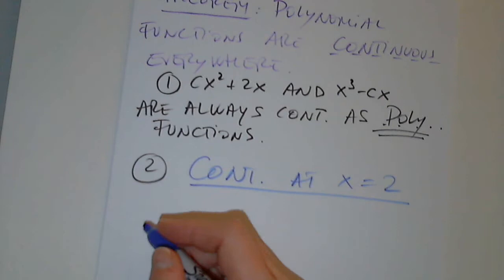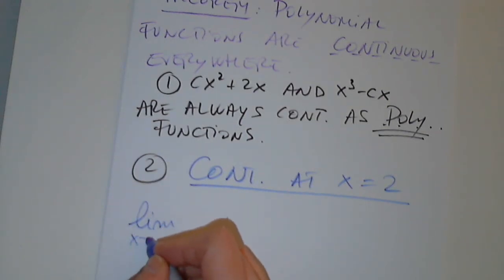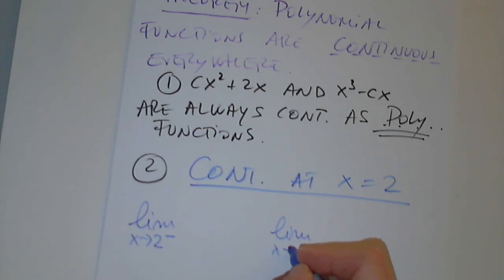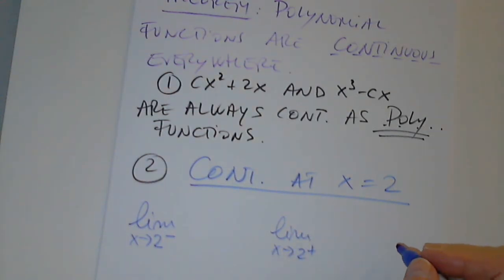What has to happen? The limit as x approaches 2 from the left, the limit as x approaches 2 from the right, and the function value at 2. What is the relationship so that I say the function is continuous not only everywhere because they are polynomials, but also at 2 because it's a piecewise defined function? They all have to be equal. Exactly. So please give me the limit from this.